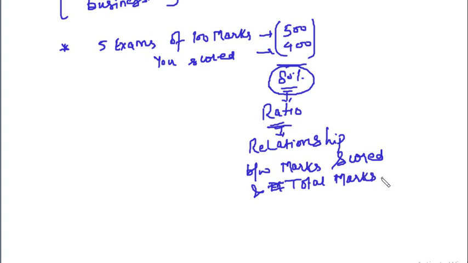Clear? So indirectly what we are doing is we are expressing the relationship between the marks scored and total marks in percentage. So 80% is what? It is a kind of ratio only. This is what I told you.